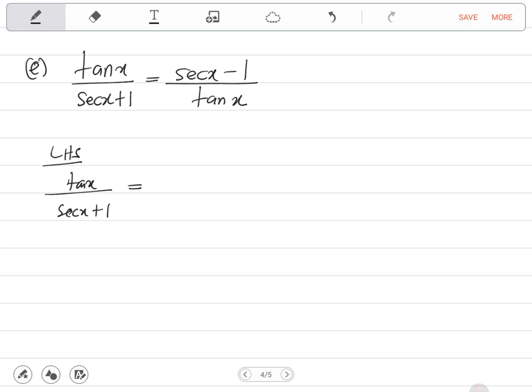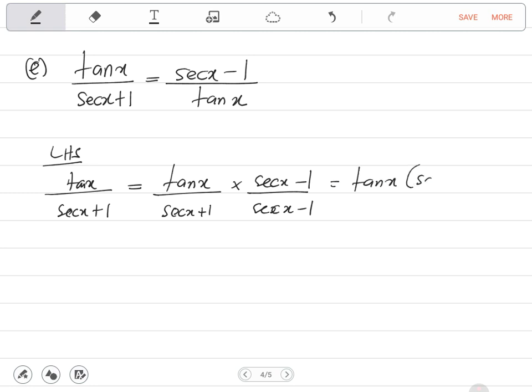We can rationalize the denominator, meaning tan x over sec x plus 1 multiplied by sec x minus 1 over sec x minus 1. We are going to have tan x times the bracket sec x minus 1 in the numerator. Here, just sec squared x minus 1, the difference of two squares.